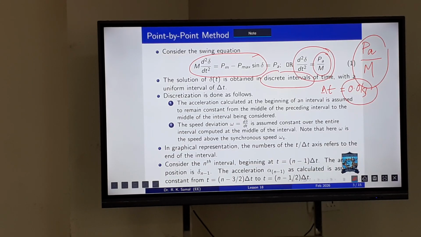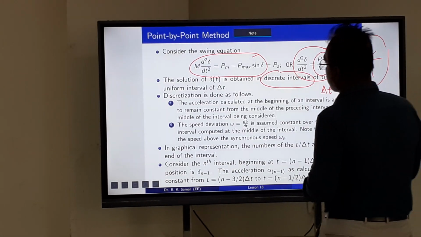The mechanical power input and electrical power output change at every step. Therefore the acceleration is not constant, and hence you cannot integrate. So you integrate only over a small duration in which you can assume the accelerating power to be constant. That is the principle behind it.